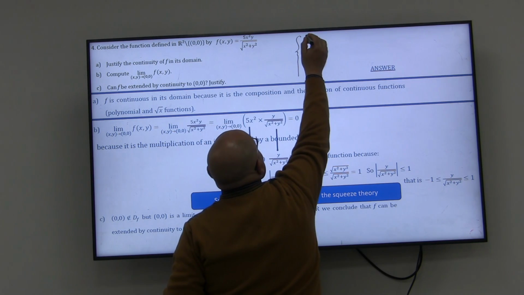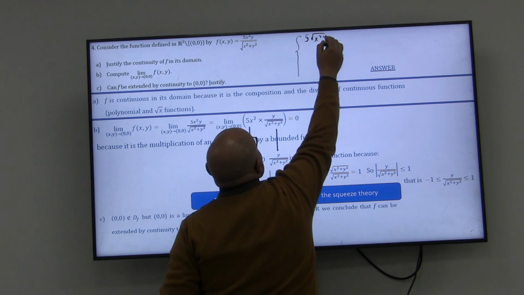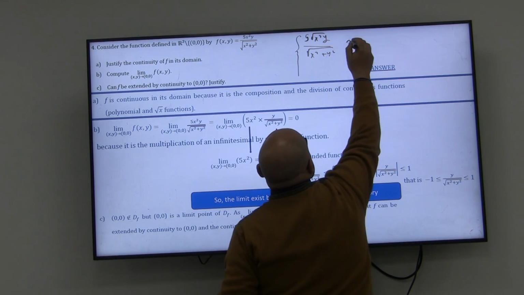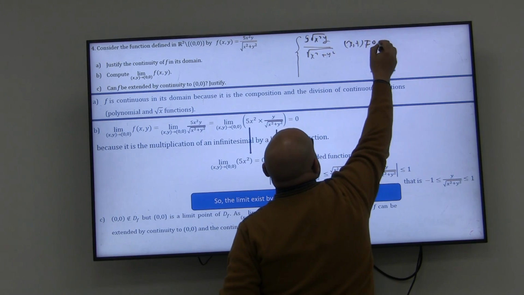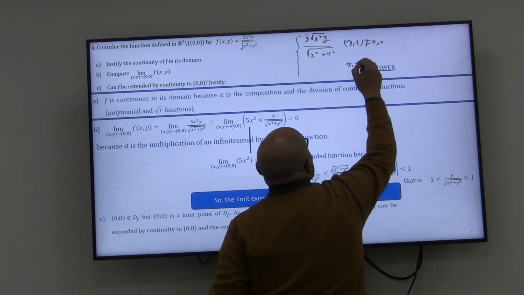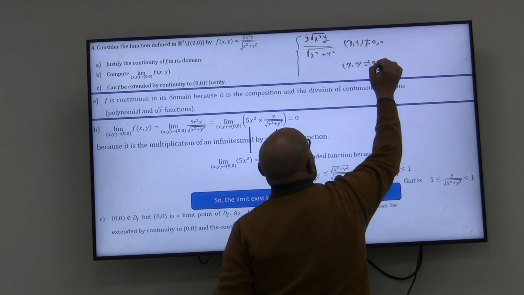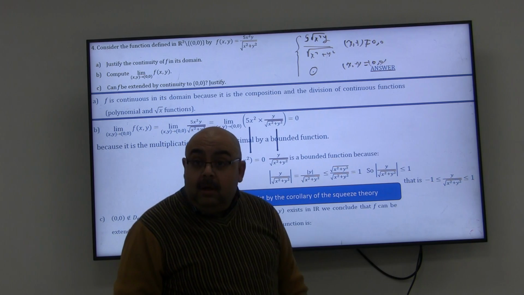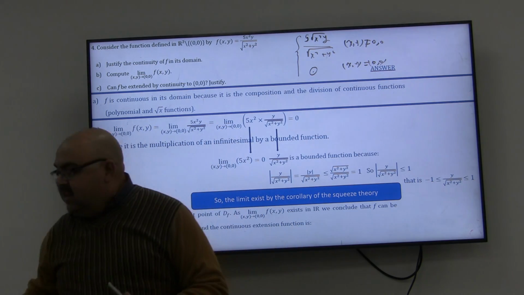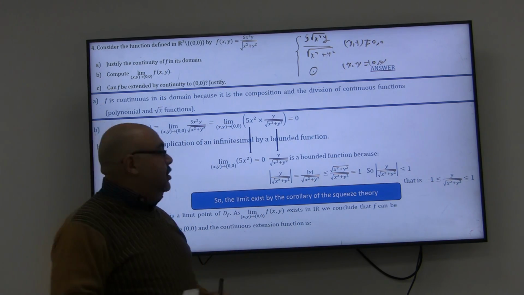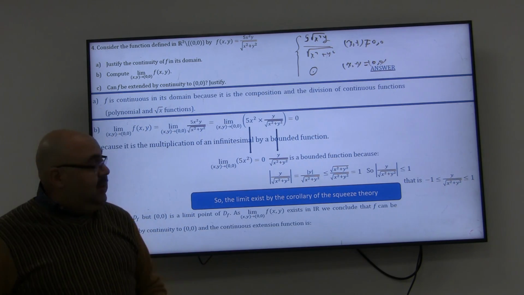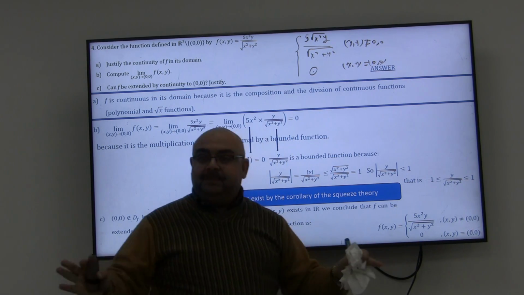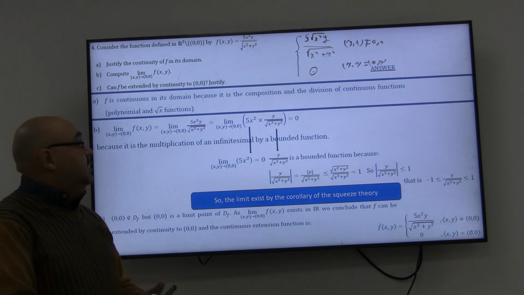It's going to equal x squared y divided by the root of x squared plus y squared once x and y are not equal to the origin. But if x and y are equal to the origin, in this case the function equals 0. Okay? And in this case, I've extended the continuity of the function to the origin, as you can see. This is the definition equal to the limit, so the conditions are satisfied.